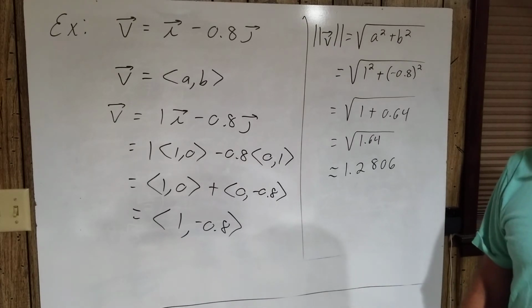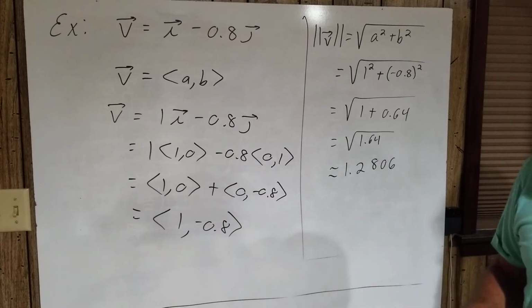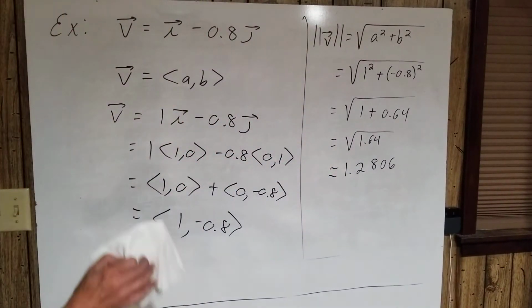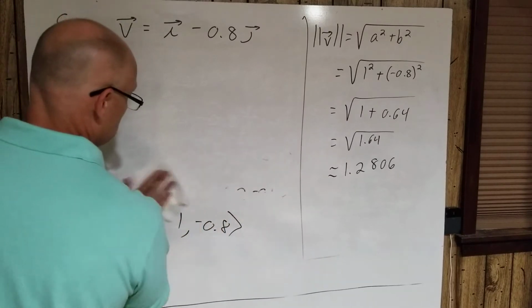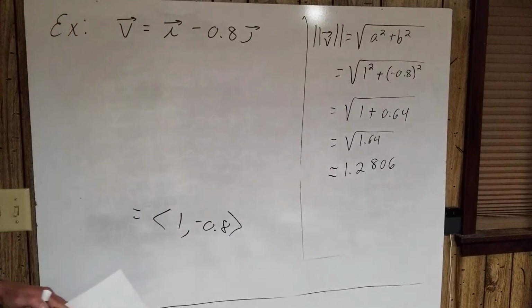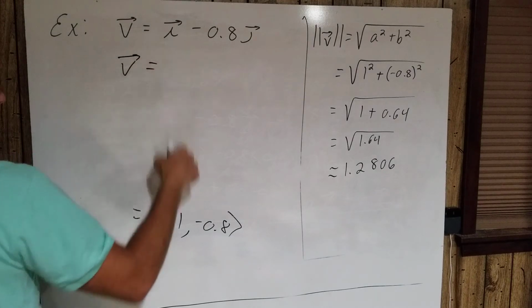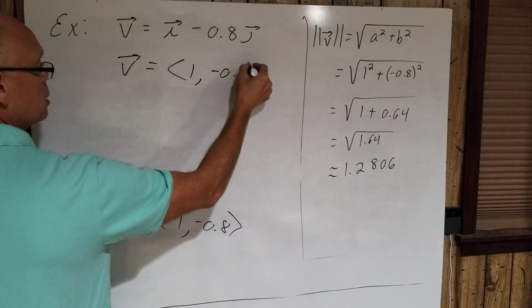Alright, so what do they want? They want the magnitude, which I just found, and the direction angle of this vector. Alright, so let's look at this vector. We said this vector v in component form is 1, comma negative 0.8.